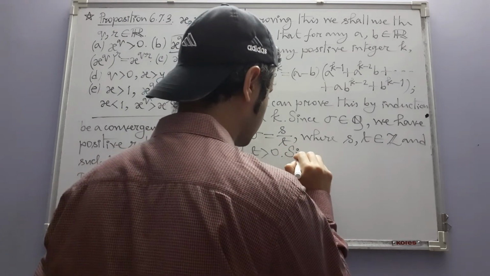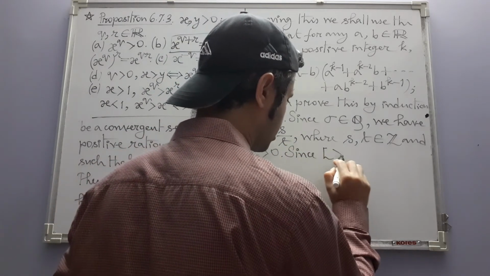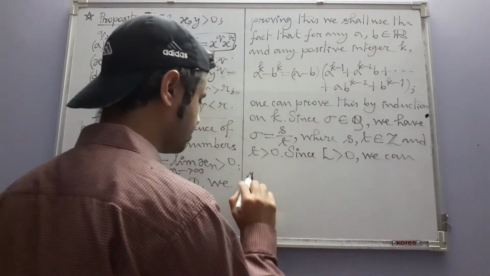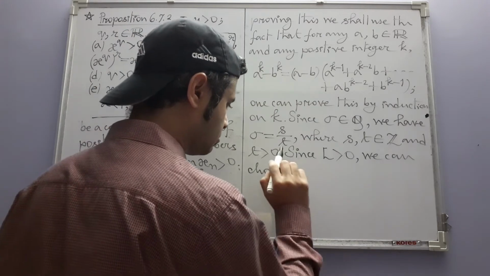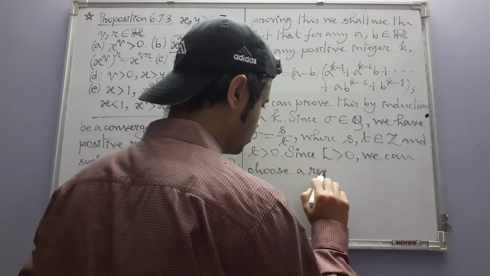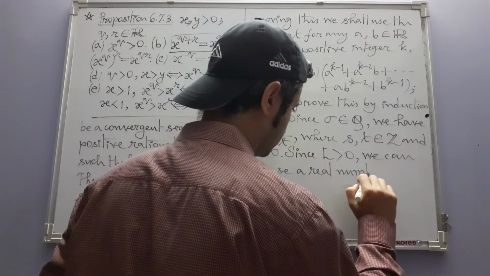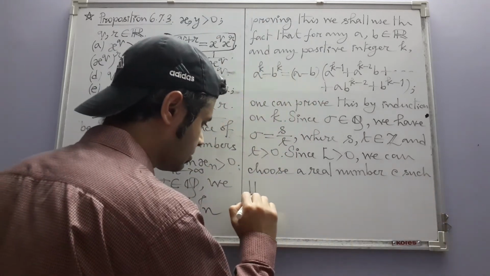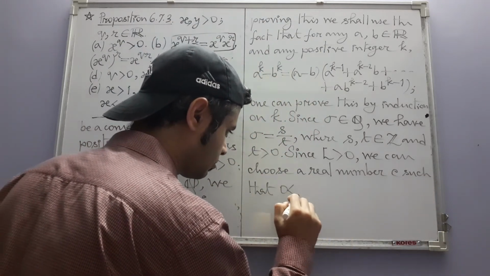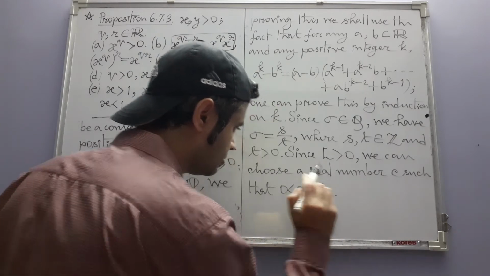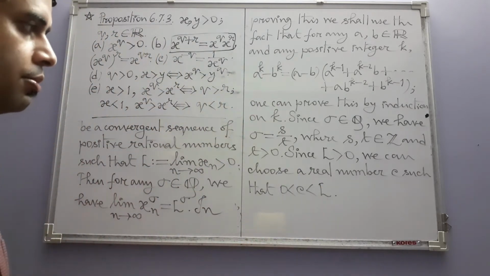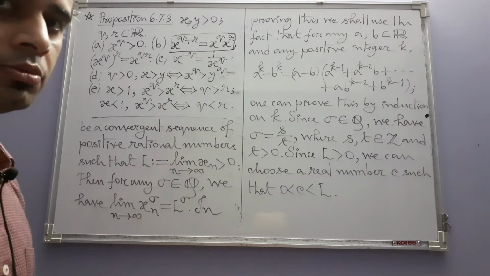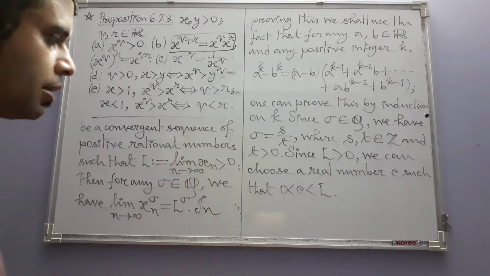Since L is greater than 0, we can choose a real number C such that C strictly lies between 0 and L. If you want to be specific, in place of C, you can take say L divided by 2 or L divided by 3. Those values will work.